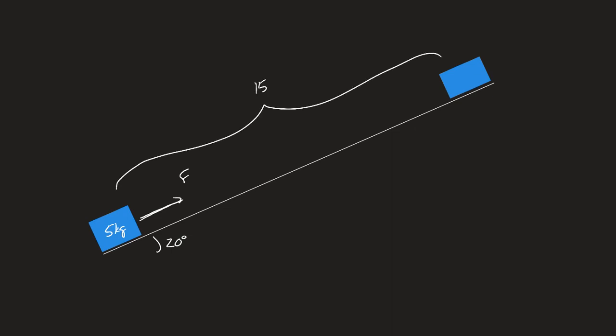I have a ramp that's inclined 20 degrees, and I have a 5-kilogram box that I want to push up the ramp with an applied force. And let's say that the ramp is 15 meters long, and I want to push the box at a constant speed up the ramp.